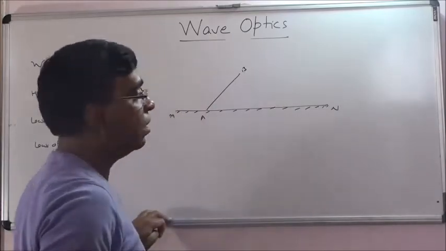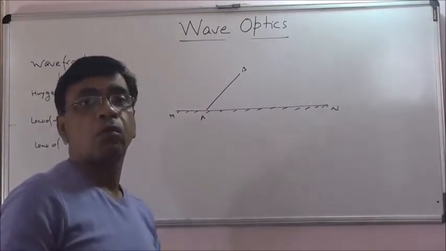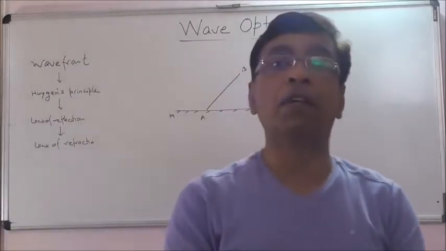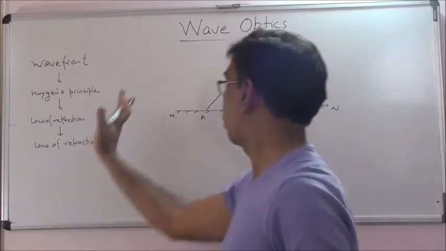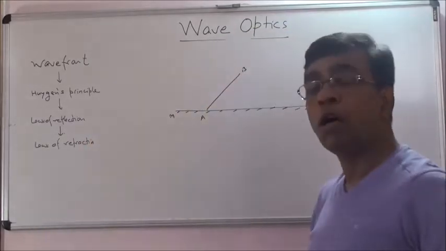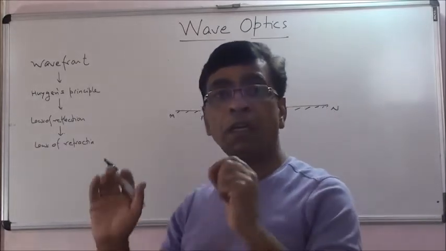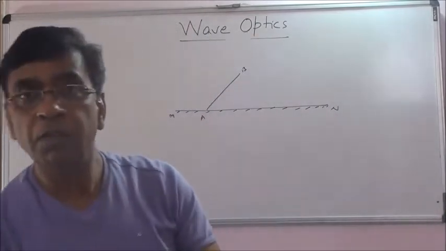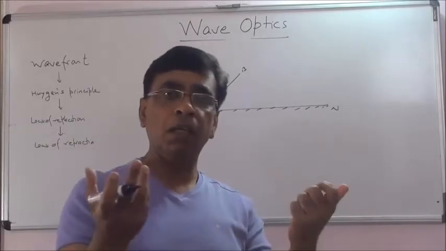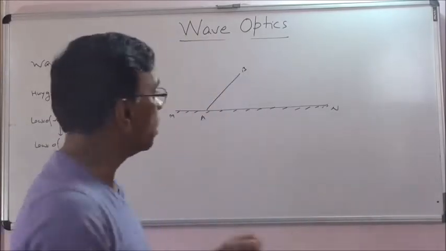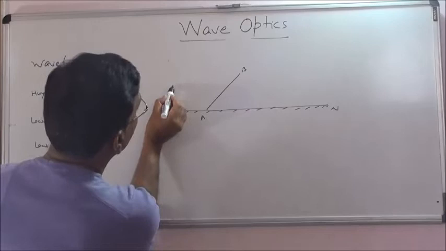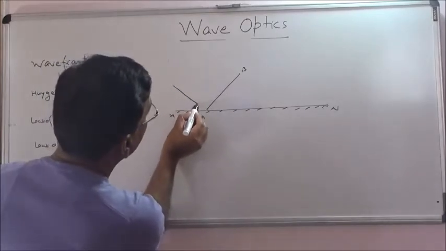let AB be the incident wavefront. I am taking a plane wavefront, so a plane surface is falling onto it. How can we draw rays? I told you rays are perpendicular to the wavefront, so I can draw rays also. It will be convenient to us basically to see the angle of incidence and angle of reflection.